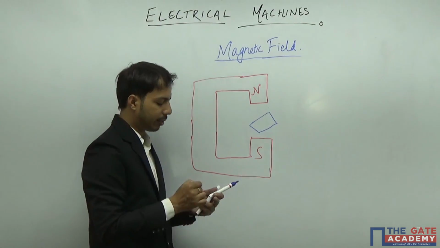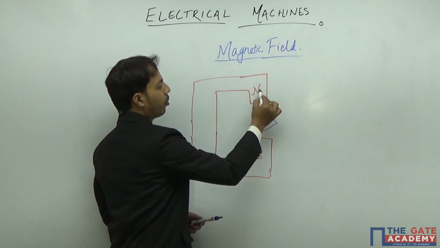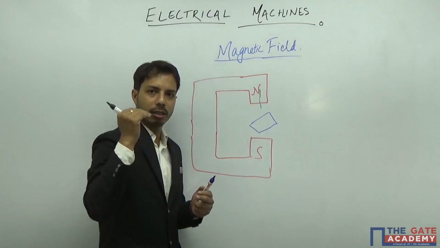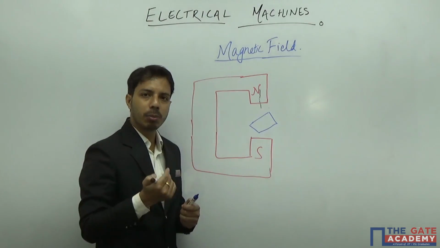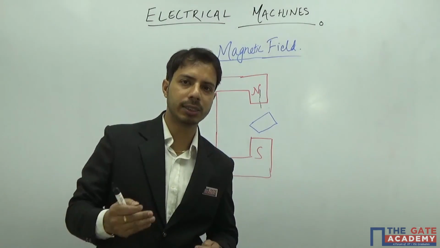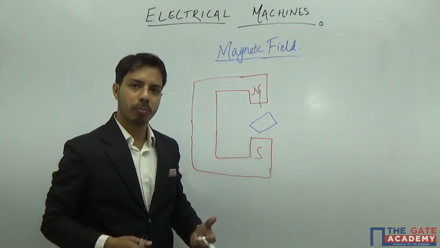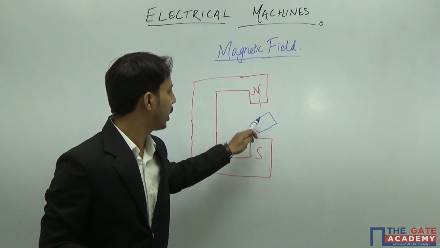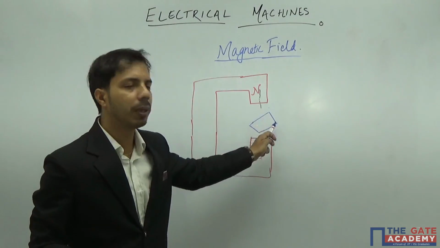As we know, field lines are going to come out from north, so they will come out from this north, and my flux will flow through the minimum reluctance path, similar to how current flows through the minimum resistance path. So you see, air has more reluctance, whereas this particular rod is made of iron.